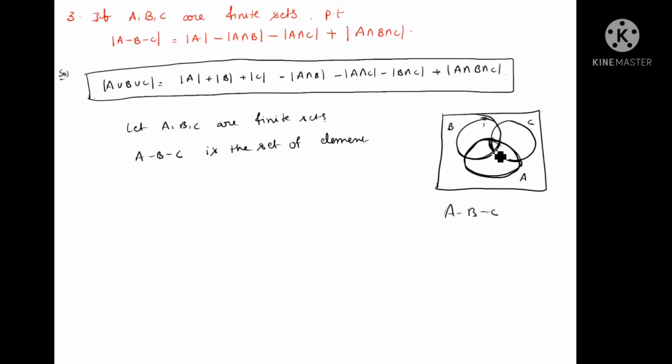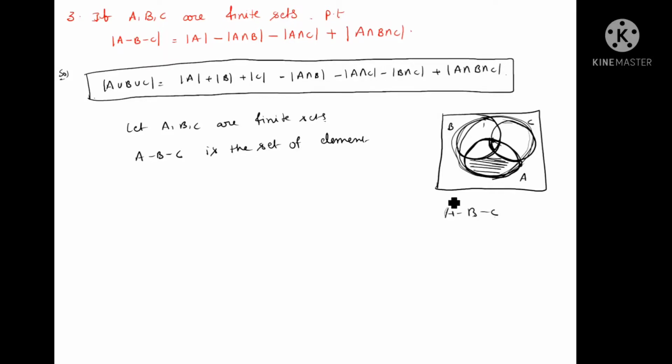This is the total A union B union C. In A union B union C, if you subtract B union C, we want this one only.